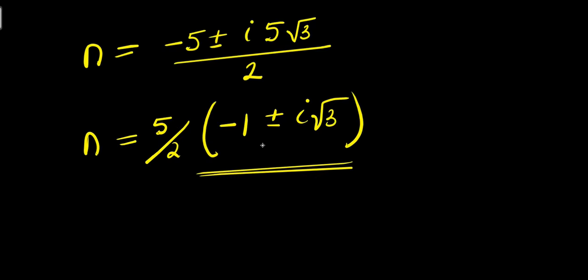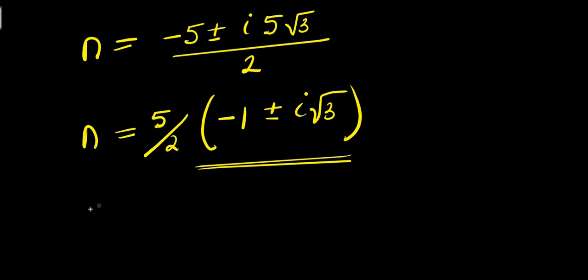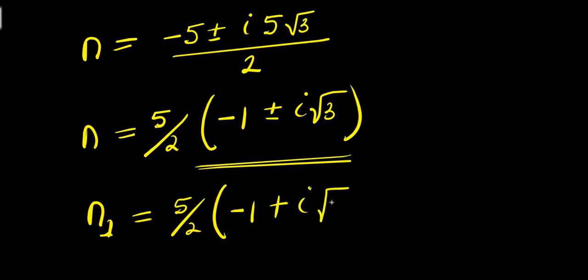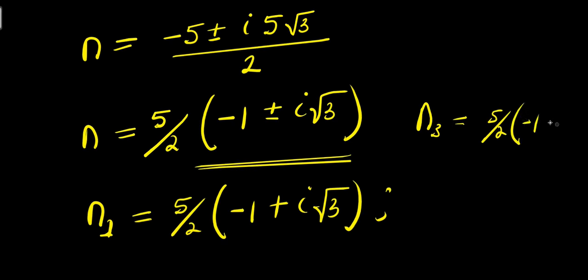Now we have two complex values for n. We have n2 because we have already gotten n1. n2 is 5 over 2 times negative 1 plus i root 3. We also have n3 here equals 5 over 2 of negative 1 minus i root 3.